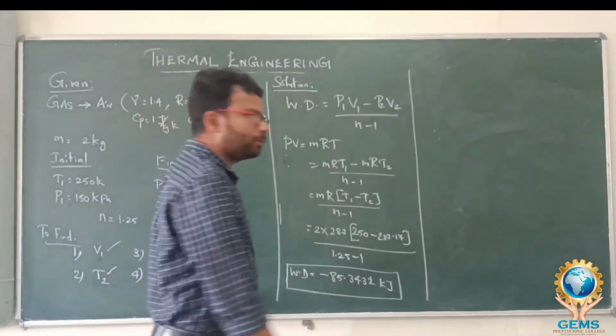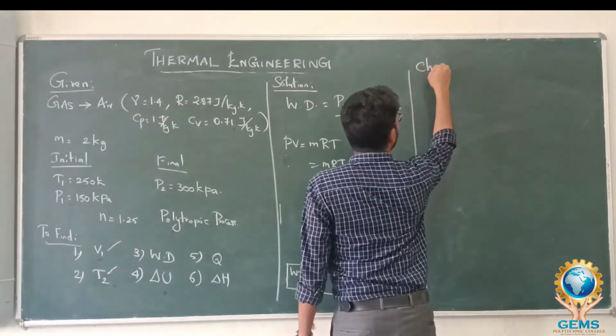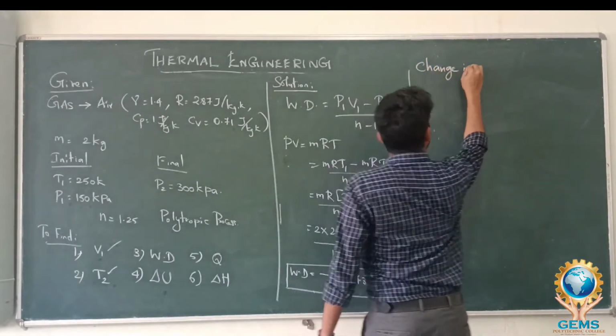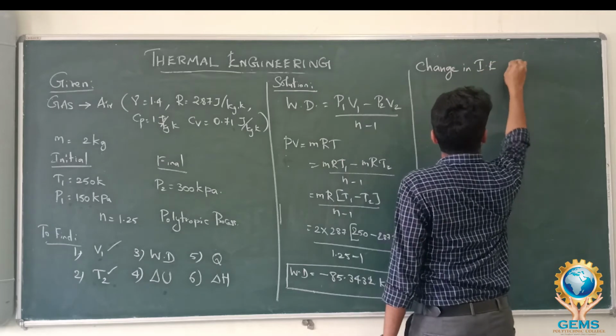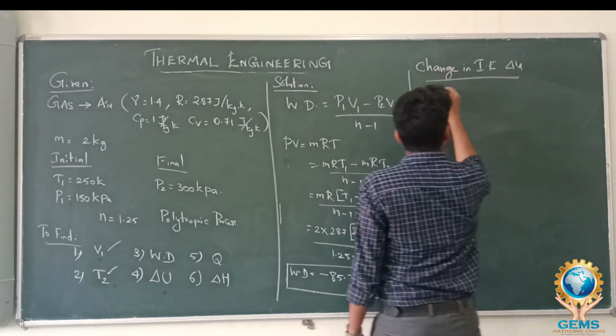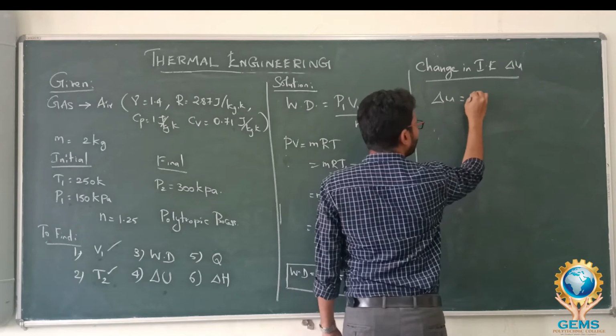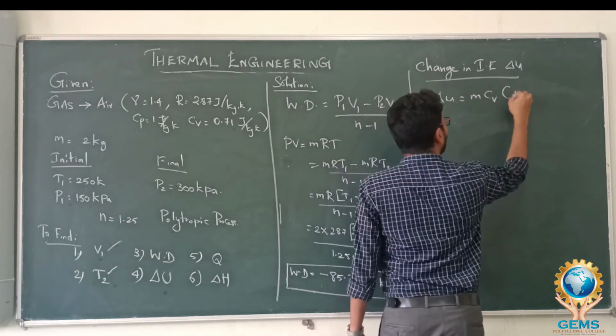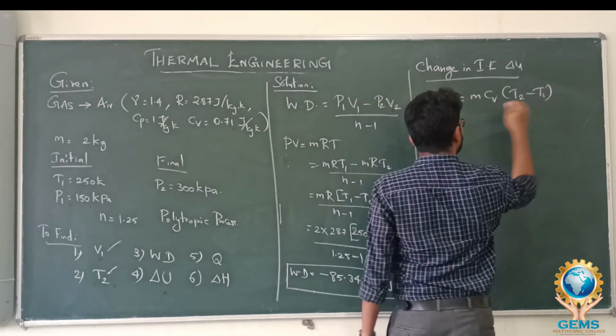Now we are going to find out the change in internal energy. The delta U formula is equal to m Cv of T2 minus T1.